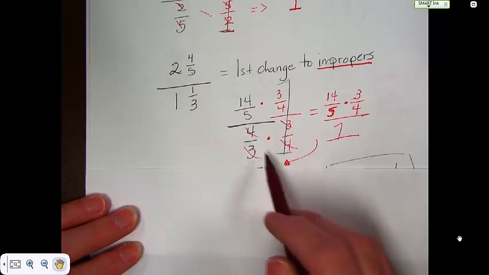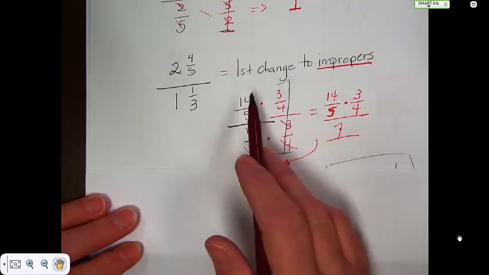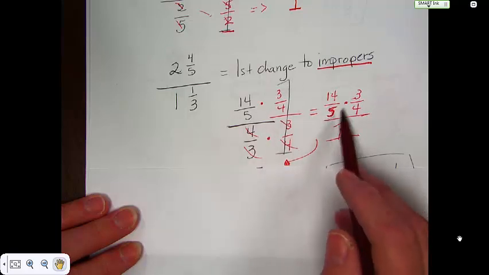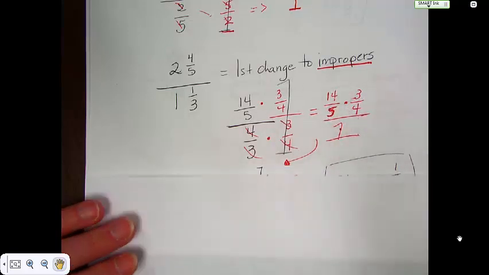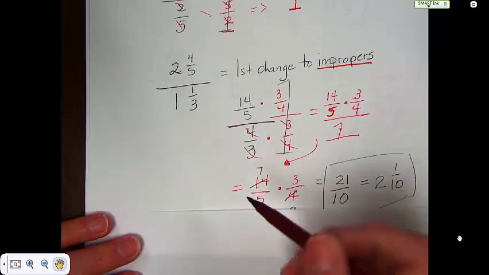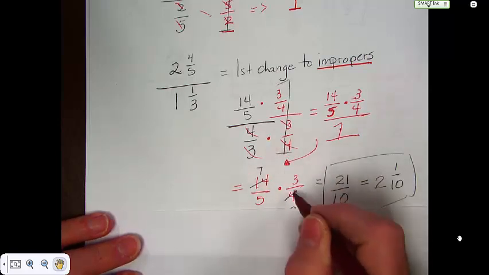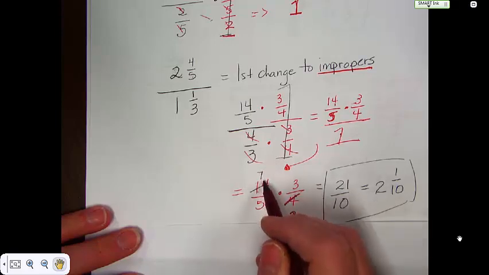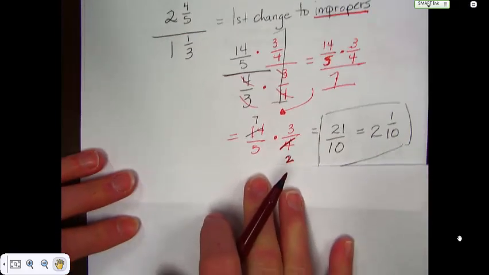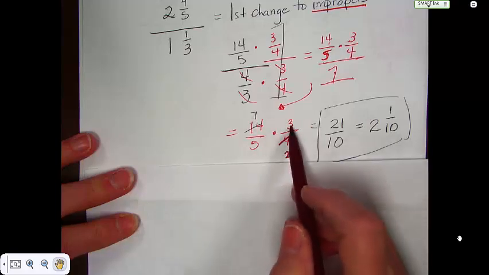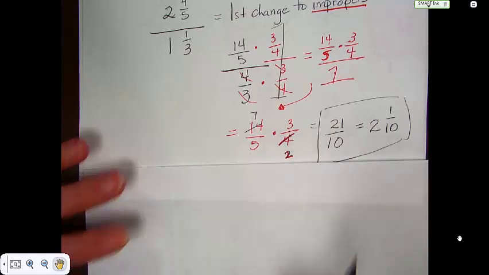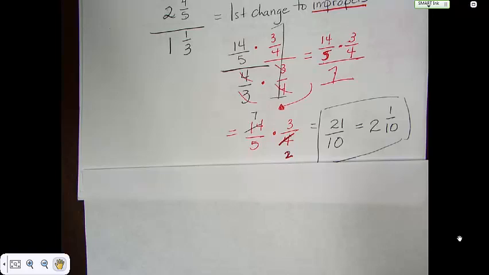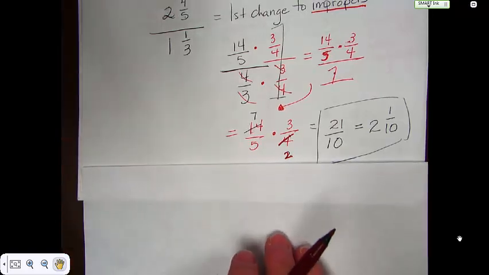The bottom reduces out to 1. The top is 14 over 5 times 3 over 4. And then you can take out a 2 out of here, and you end up with 2. And a 2 out of here, and you end up with 7. And so you end up with 7 times 3, which is 21 over 5 times 2, which is 10, which is 21 over 10, or 2 1/10.